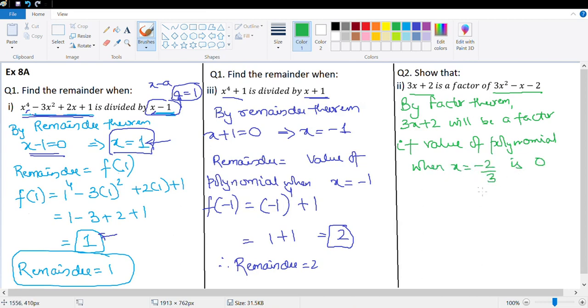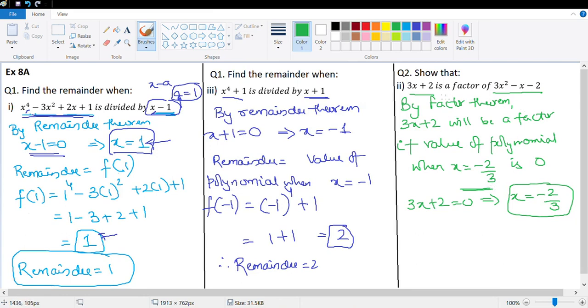Right? Why did I get x is equal to negative 2 by 3? What is given is 3x plus 2 is equal to 0, which means x is equal to negative 2 upon 3. Right? So when the value of x is negative 2 by 3, the value of the polynomial should be 0. Only then it will be a factor.